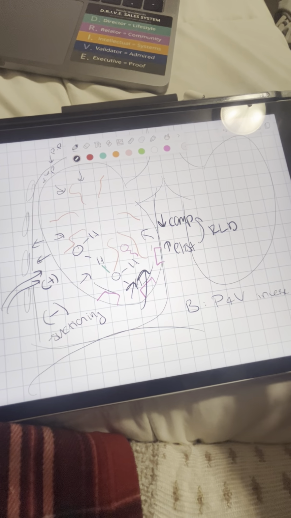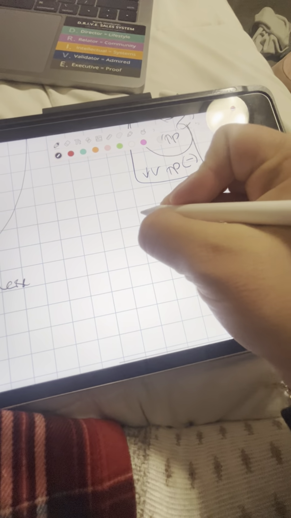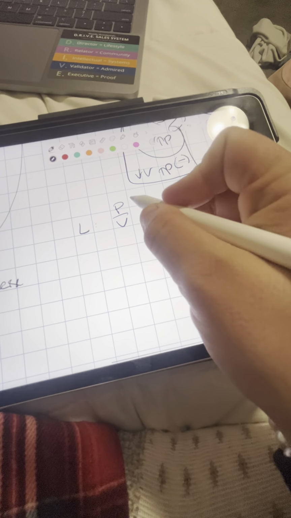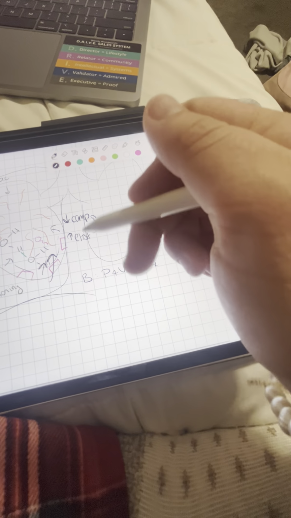Okay, Laplace's law. So Laplace's law is going to be talking about pressure versus volume. And so it's basically the amount of pressure you need to change your volume. I don't know if that's the exact equation, but it's in relation to this compliance and elastance and how they're inversely related.